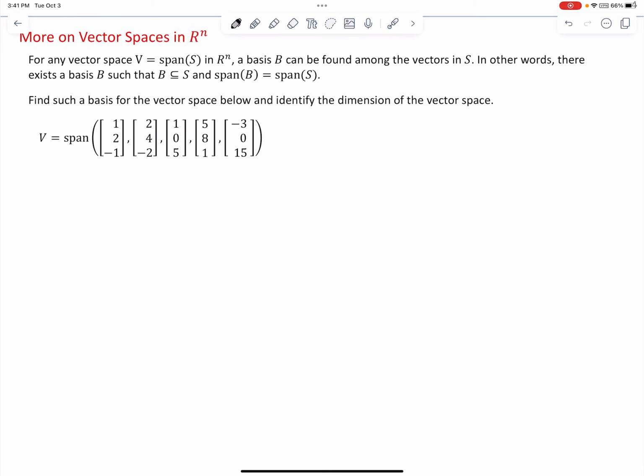Find such a basis for the vector space below and identify the dimension of the vector space.